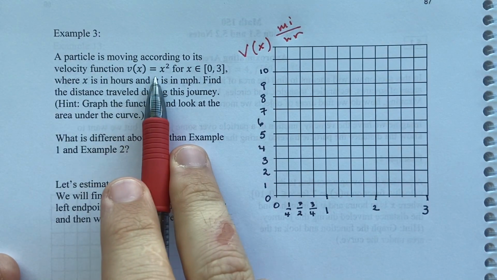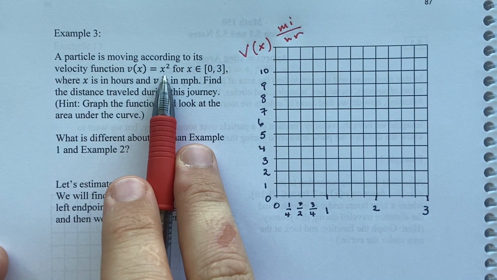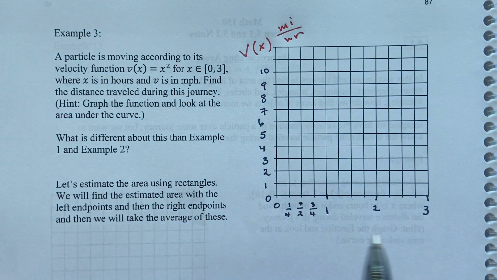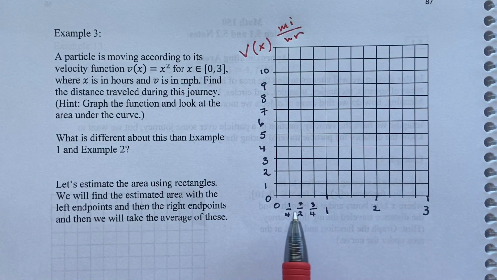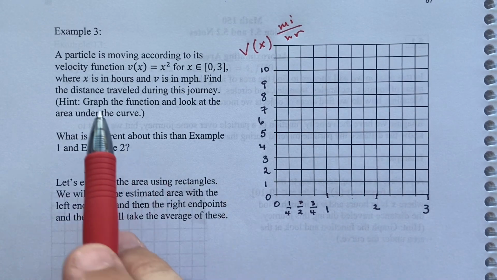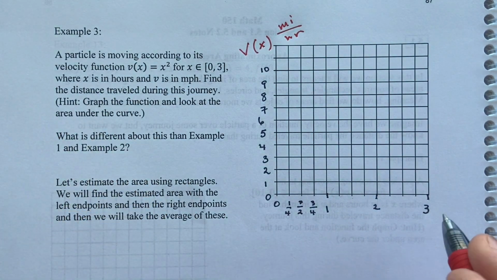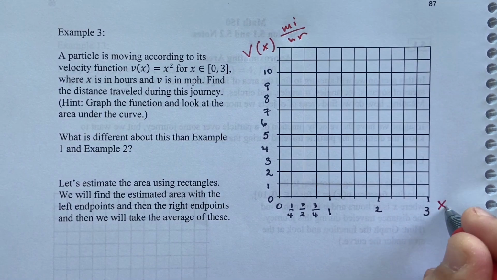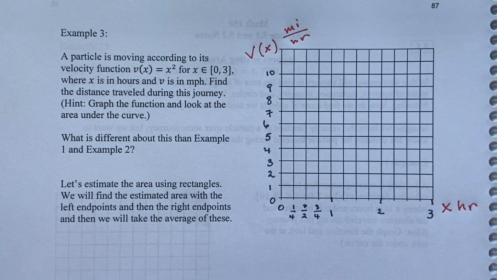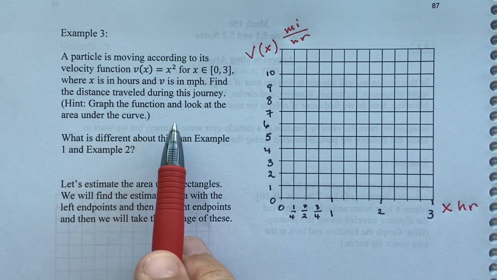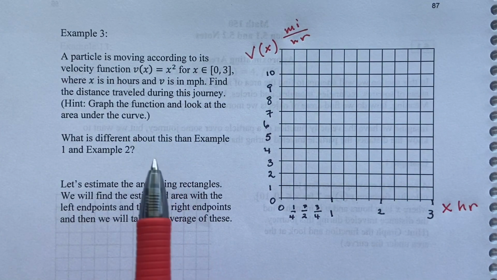And then we have that it's x squared this time, this velocity function, and we're going just from 0 to 3. So I've done my scale this way this time, where x is in hours, so maybe I'll say that over here, x hours. What else? It says graph the function and look at the area under the curve.